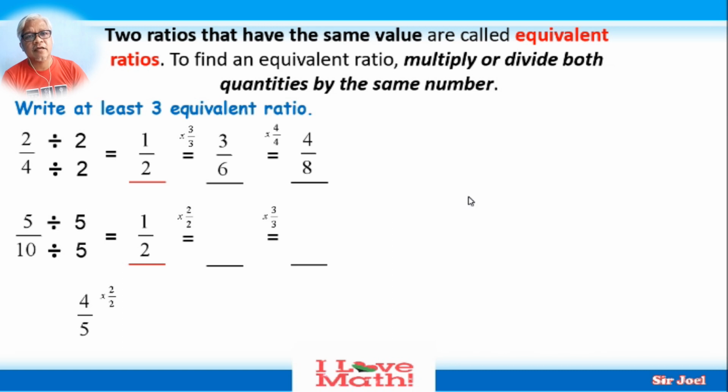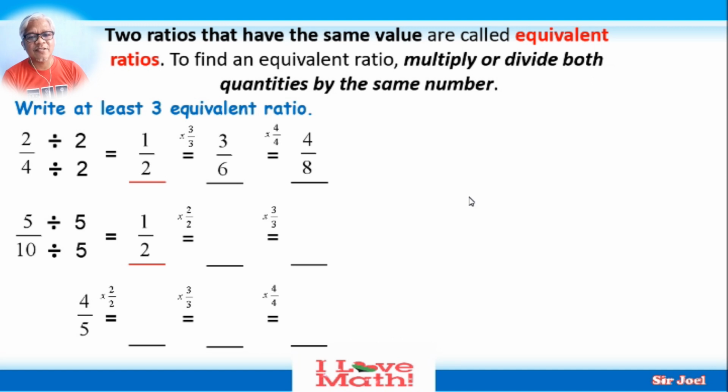And I guess, kayang-kaya nyong i-multiply yung 4 over 5 times 2 over 2. So, what's next? Multiply 4 is to 5 by 3 over 3. Okay? So, kaya. And lastly, multiply 4 is to 5 by 4 over 4. And again, alam ko naman kaya nyo itong gawin.